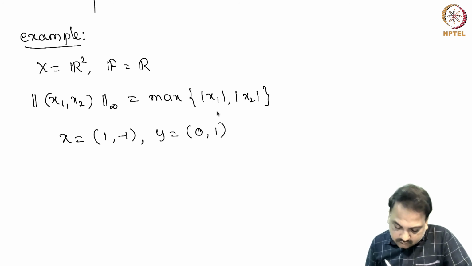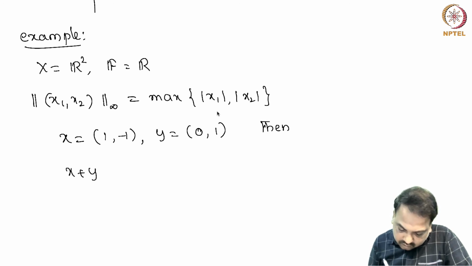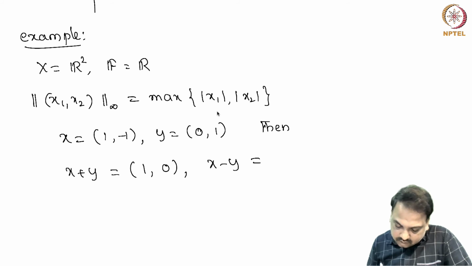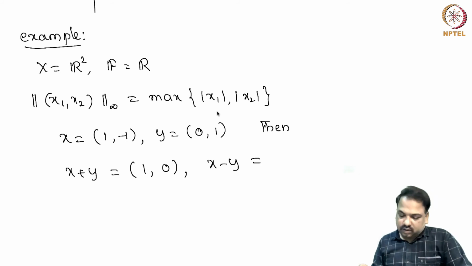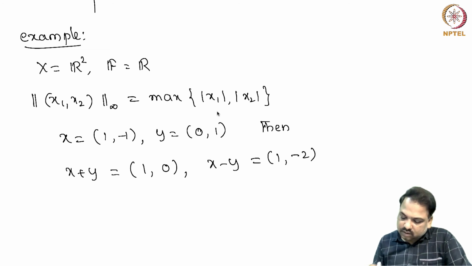Then we can conclude that x plus y is 1 comma 0, x minus y is 1 comma minus 2.